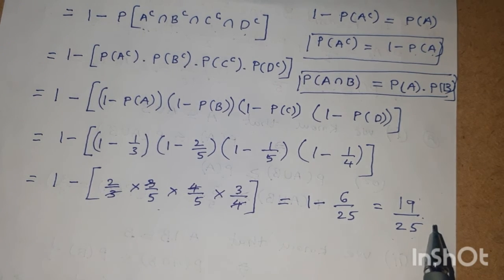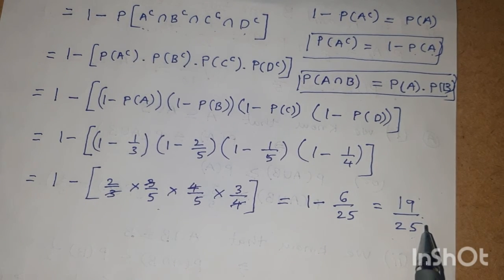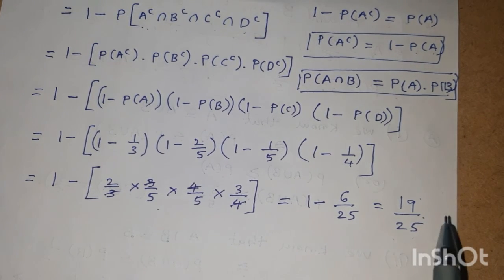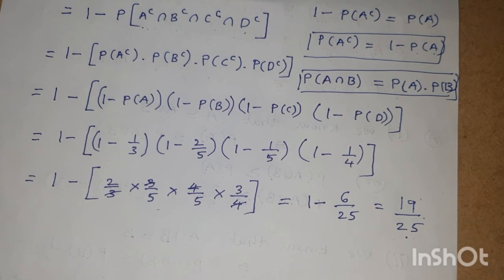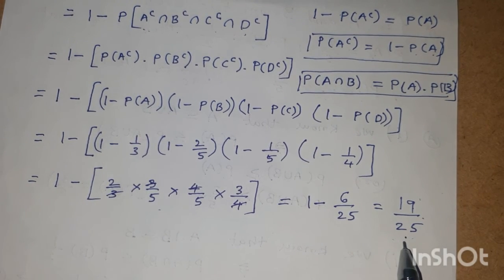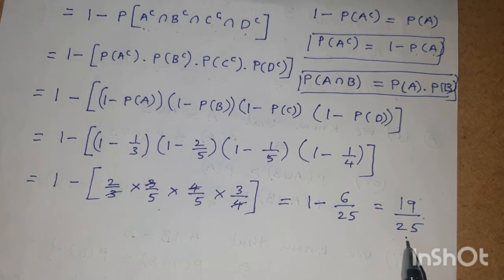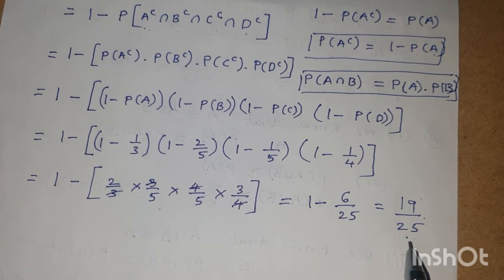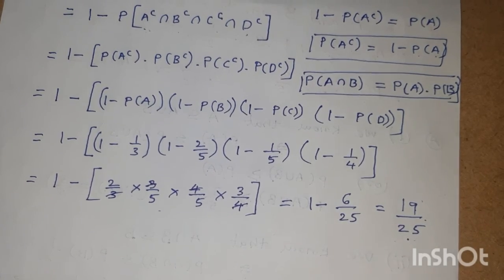But a higher possibility is there to solve the problem, that is 19 by 25. If you multiply this ratio with 100, you will get the capacity of all students to solve the problem in terms of percentage.